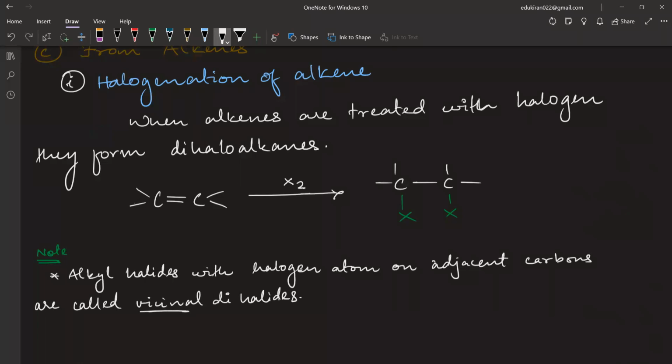Vicinal means that they are in vicinity. The halides are in vicinity, that means they are neighbors, and this X group is a neighbor of this X group. And generally in this case we use Br2.